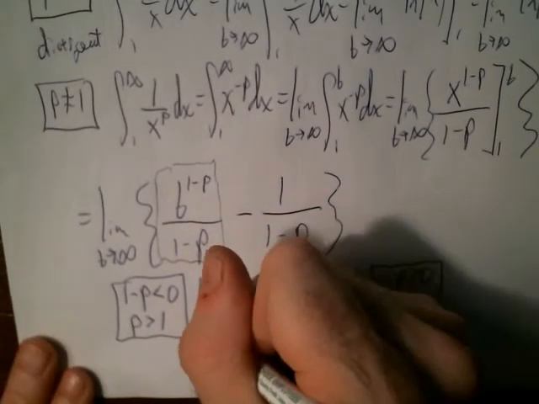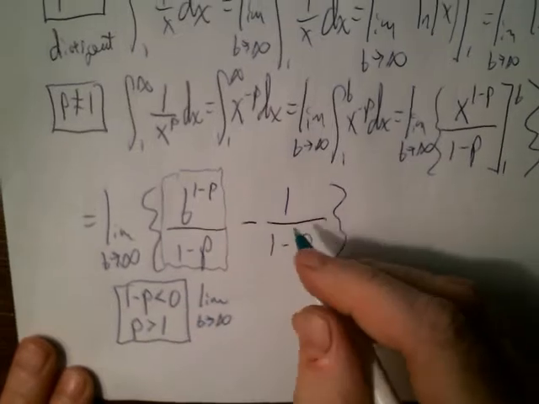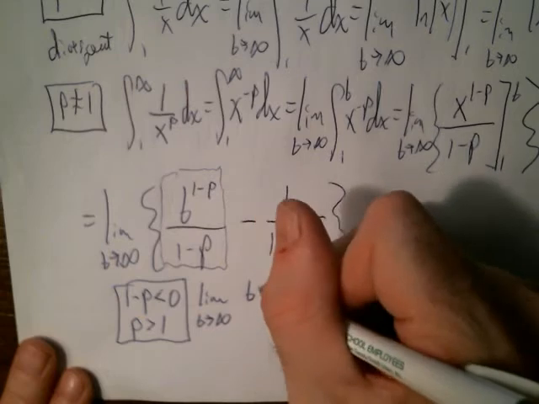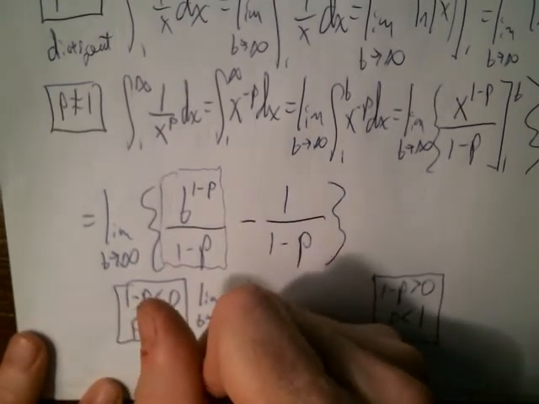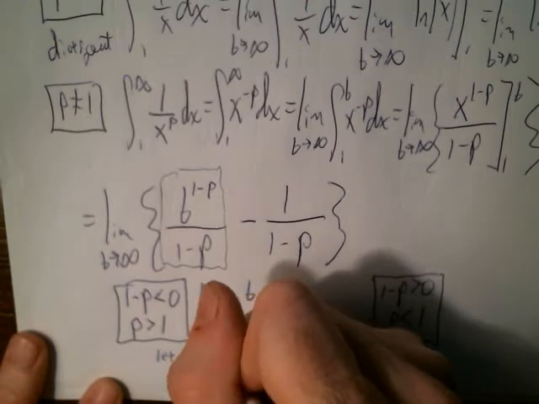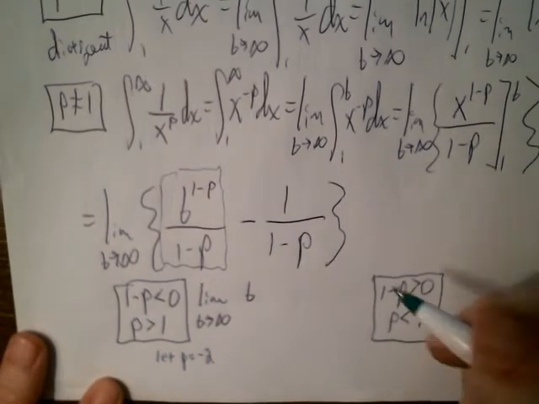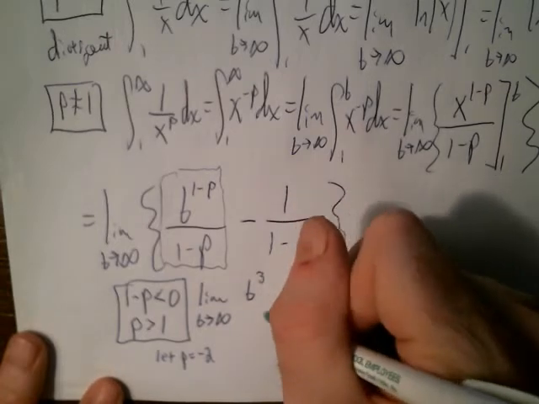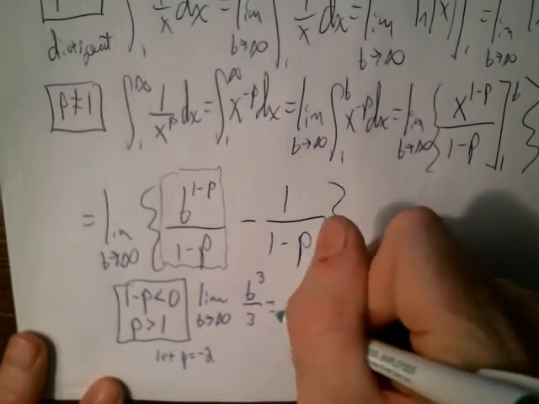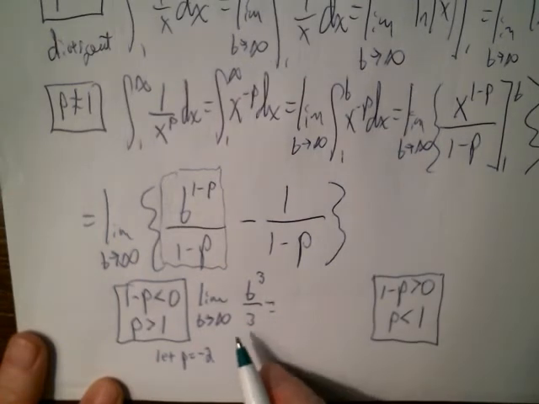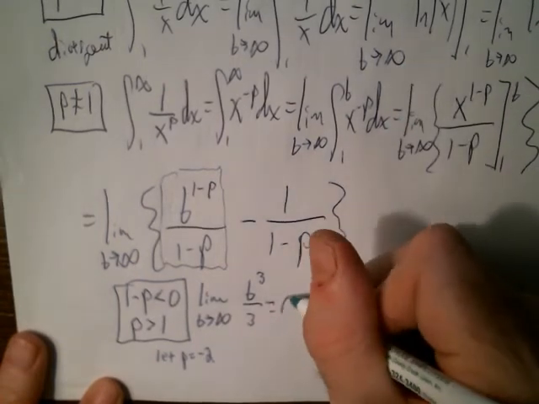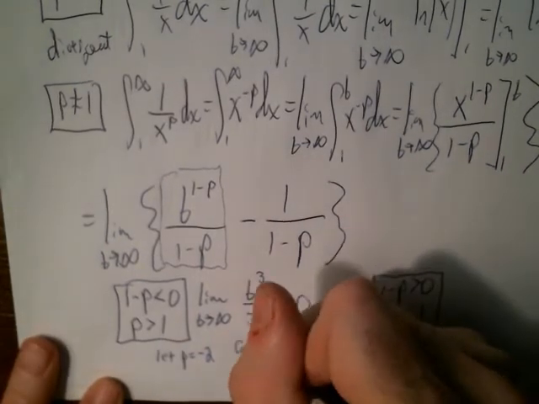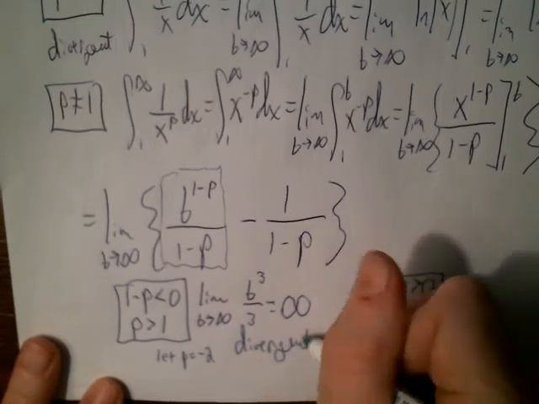Consider the limit as b goes to infinity of something like b to the 1 minus p, and say p is negative 2. So b to the 1 minus negative 2 would be b to the 3, all over 3. Clearly this thing goes to infinity. It's a cubic, it's going to zip off to infinity. So my guess is that when p is greater than 1, it's divergent. And that turns out to be true.